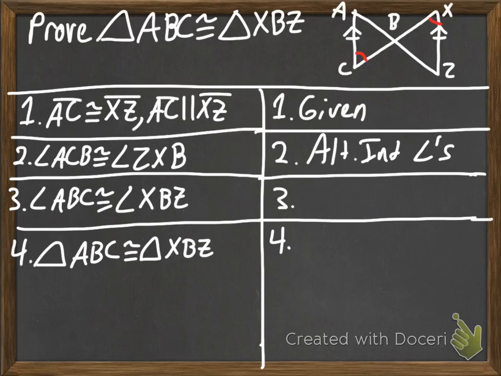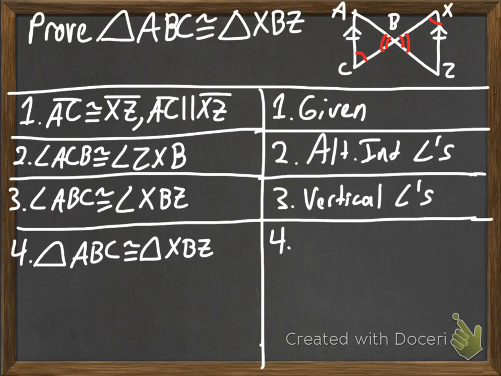Our next step says that angle ABC is congruent to angle XBZ. So we see that. Now we have to think back to what tells us that, and there's two angles across from each other. Two angles across from each other are called vertical angles. So that's by vertical angles.